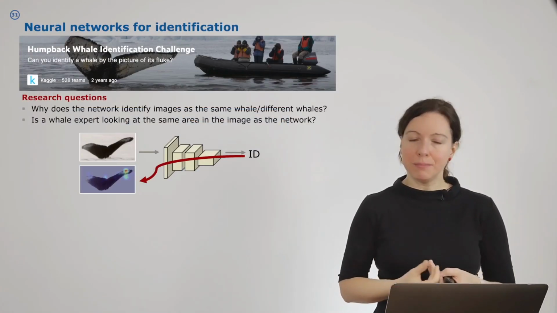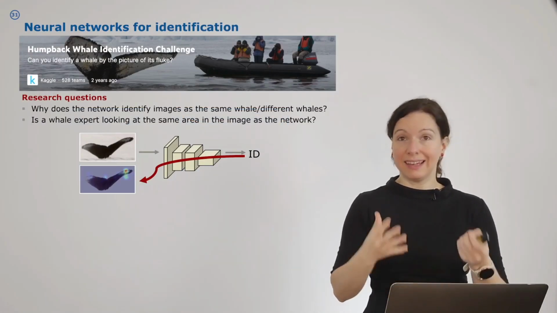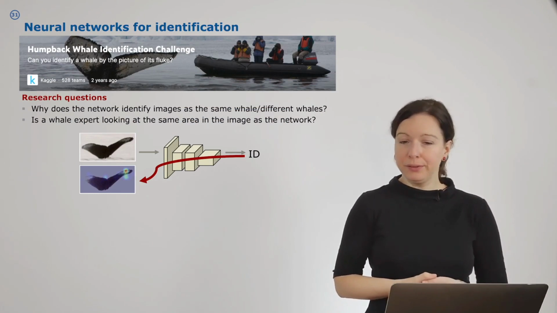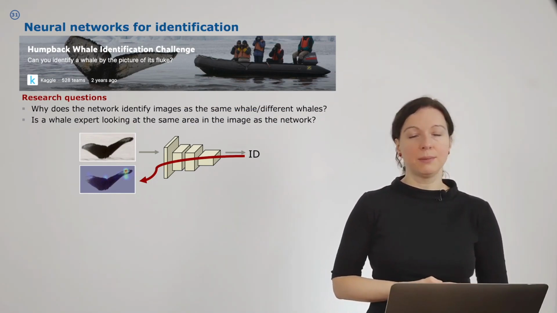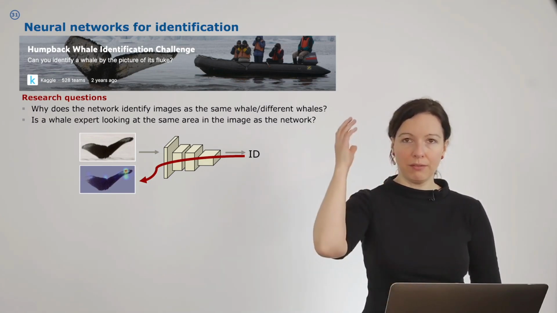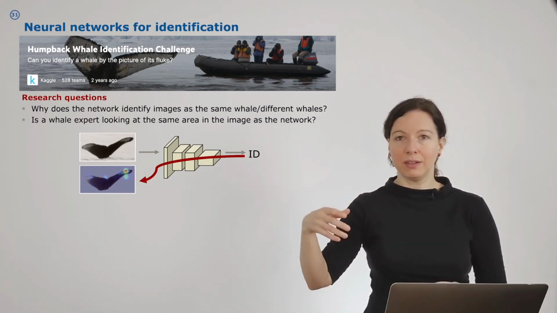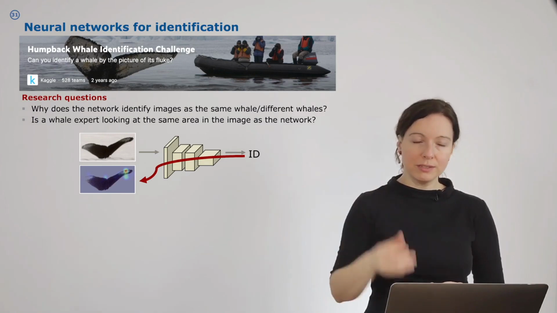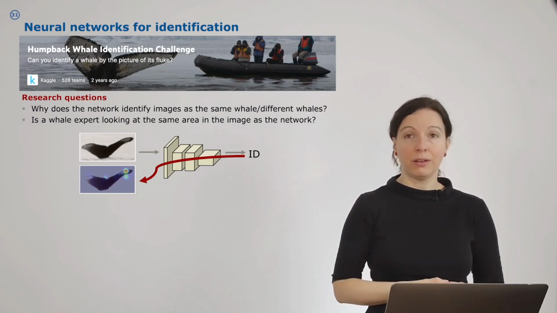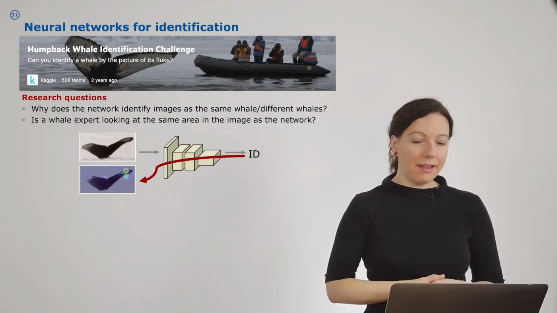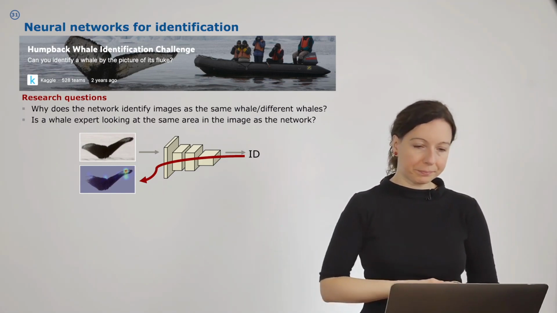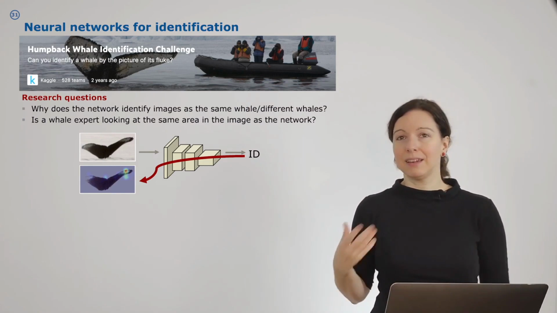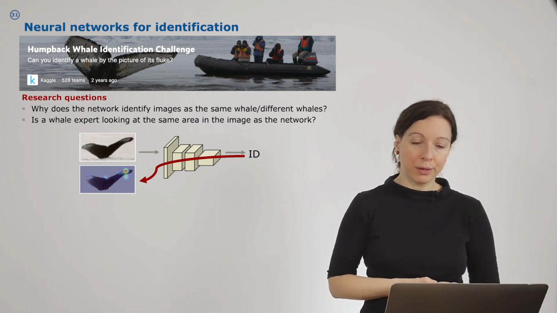To find an automatic solution for this task, a Kaggle challenge was created a few years ago, in which several thousands of whales are to be assigned with only a few pictures. So you have several thousands of these fluke images, several thousands of whale IDs, and for each ID you have only a few pictures. And it was not surprising that the 3 winning solutions were neural networks.